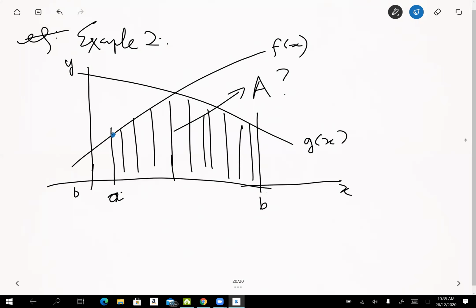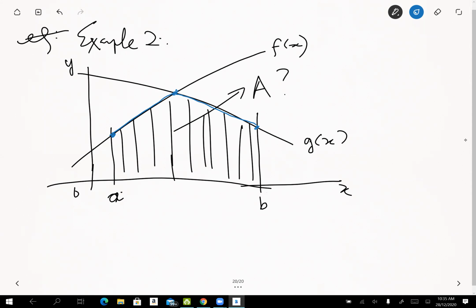From that point on to b, it's the area under what? It's the area under g. So here we have to break it into two separate sub areas. One is the area under f. The other is the area under g.